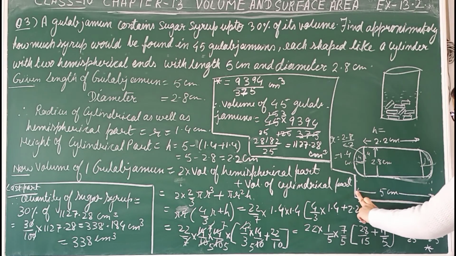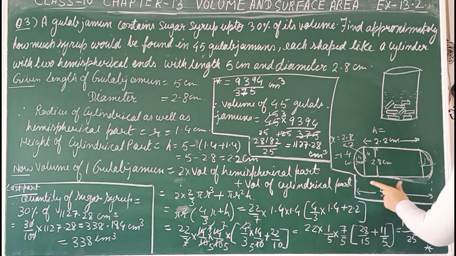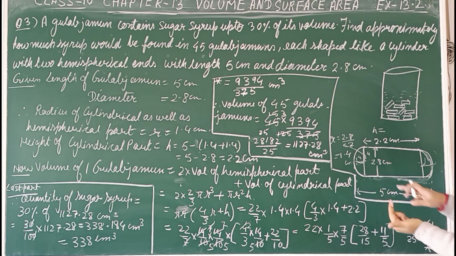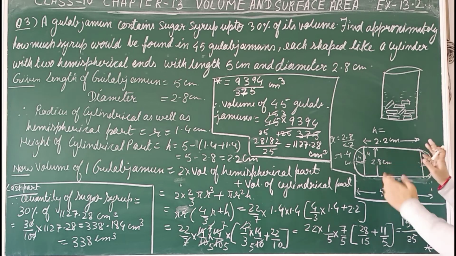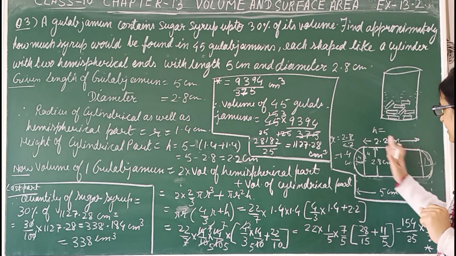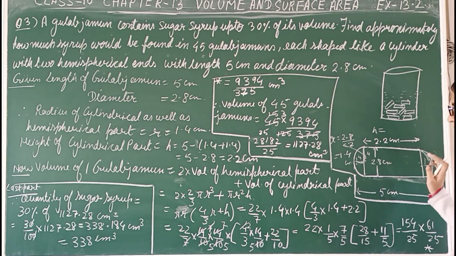So 5 minus 2 into 1.4 gives the height of the cylindrical portion, that is 5 minus 2.8, that is 2.2. The height of the cylindrical part is 2.2 centimeter, and the radius for both the cylindrical as well as the hemispherical part is the same, that is 1.4 centimeter.